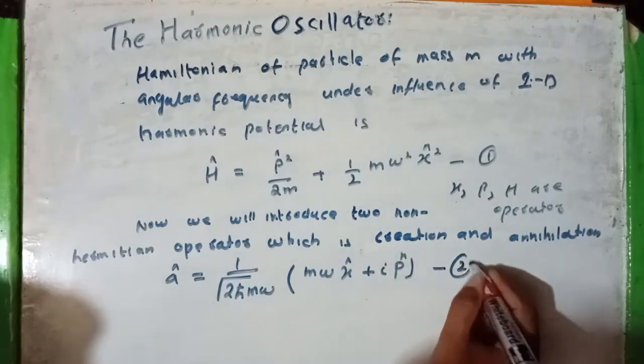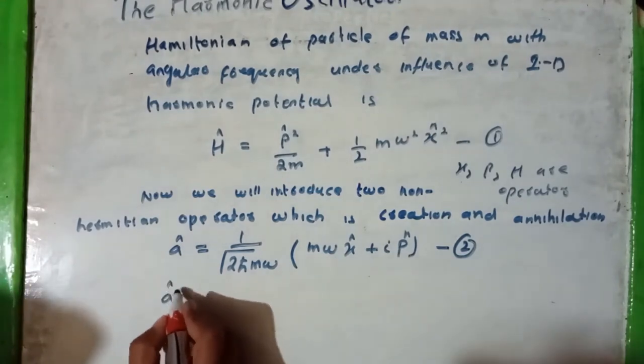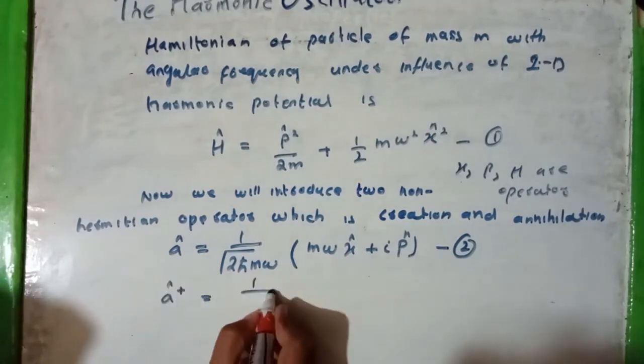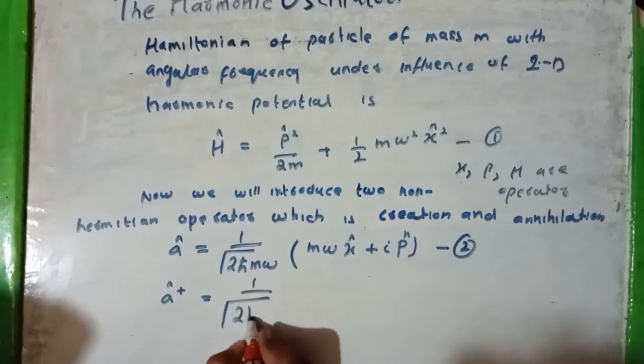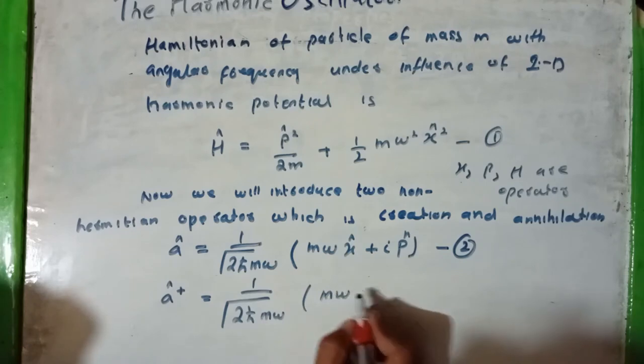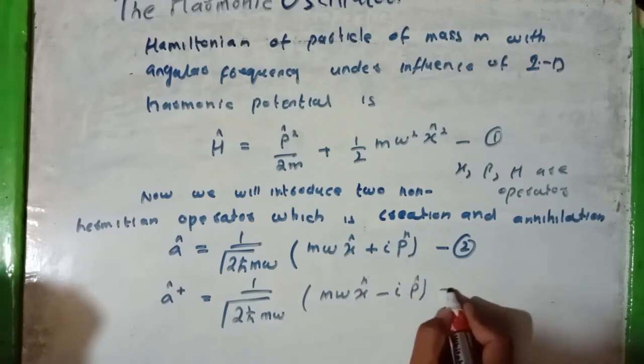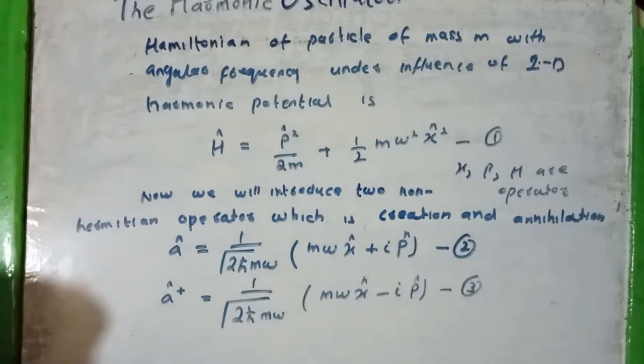This is equation number 2. And the creation operator a dagger is equal to 1 over square root of 2 h-bar m omega multiplied by m omega x minus i p. This is equation number 3.